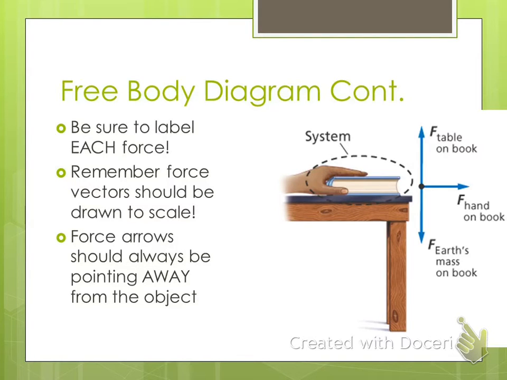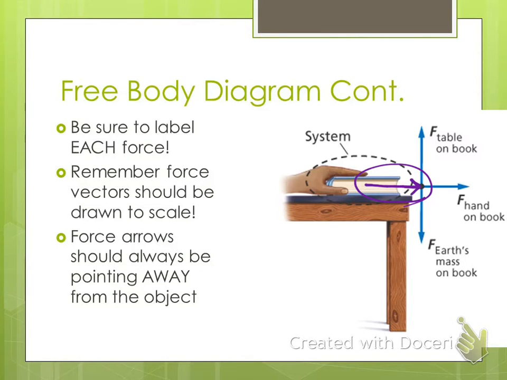The last thing that we need to talk about is that they have to be drawn away from the object. So we don't have our applied force drawn pointing into the system. That's a big no-no. All of our forces should be drawn outward from the system. So if our force is going to the right, it needs to start with its tail at the system and move toward the right.